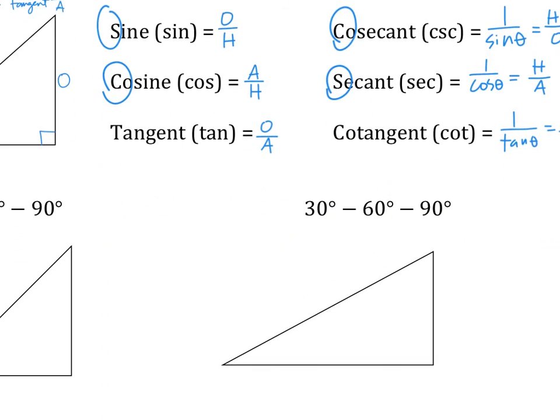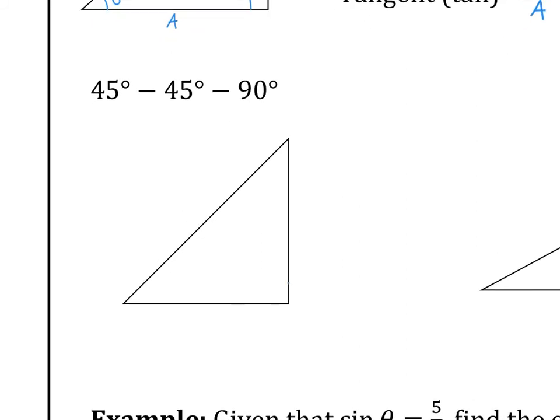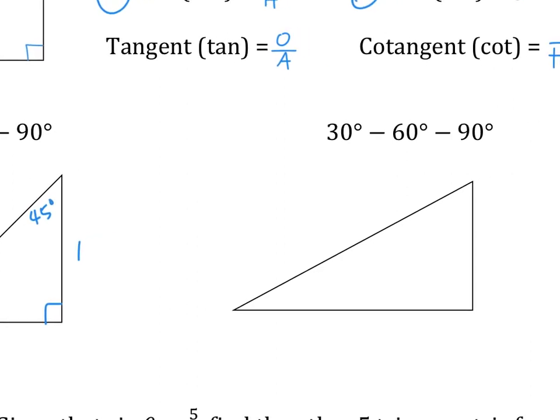All right, next, our special triangles. 45, 45, 90 means that we have an isosceles triangle. If the two legs are 1, do you remember what the hypotenuse is? Yes, root 2. So it's 1, 1, root 2. And 30, 60, 90.